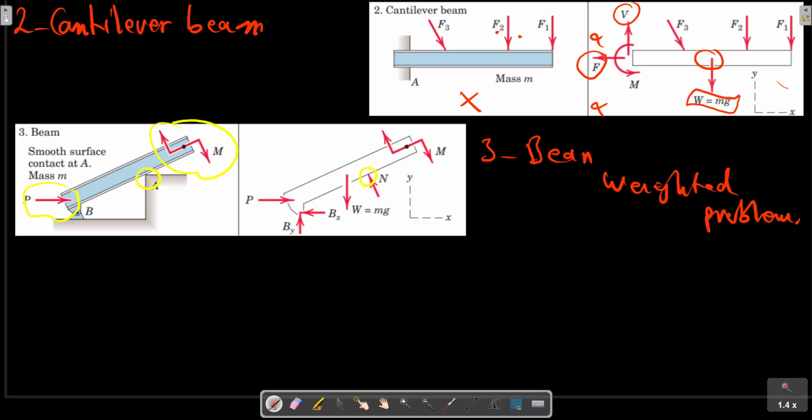The next example for the free body diagrams is a structure. Consider this picture for more description.